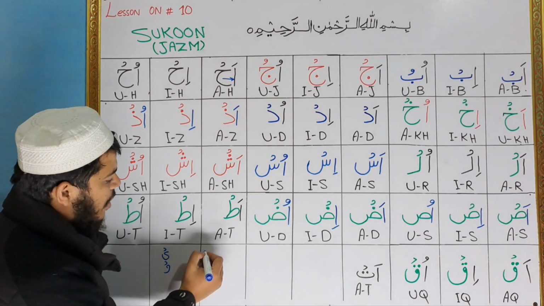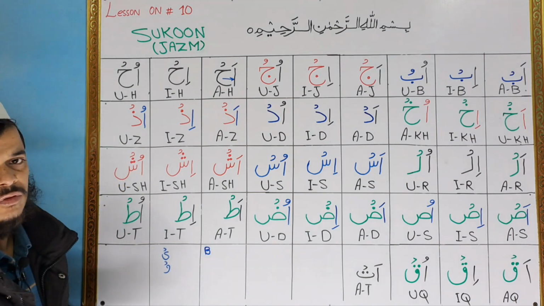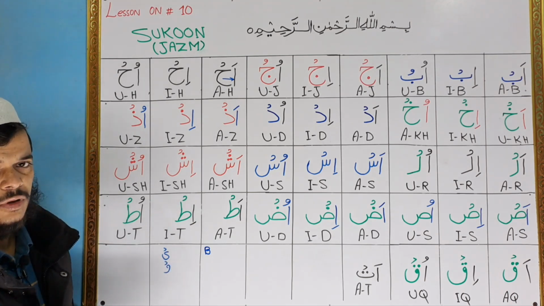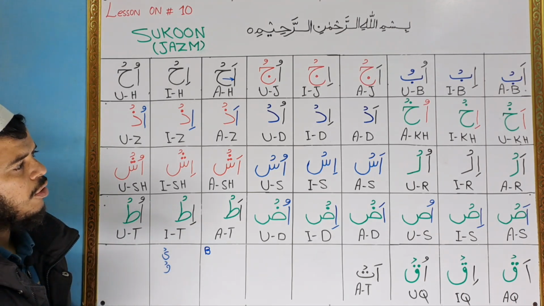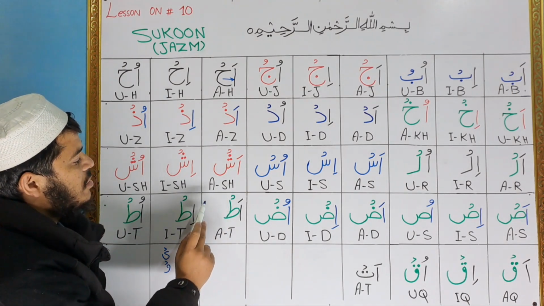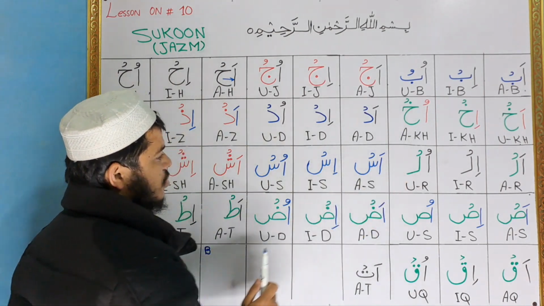Let's say the word is ba, so we are just going to add the b sound. If it's ta, we will add the t sound at the end. For sheen we will add s and h sound, and for kha we will add k and h sound.